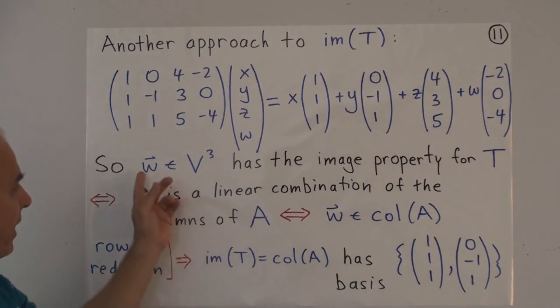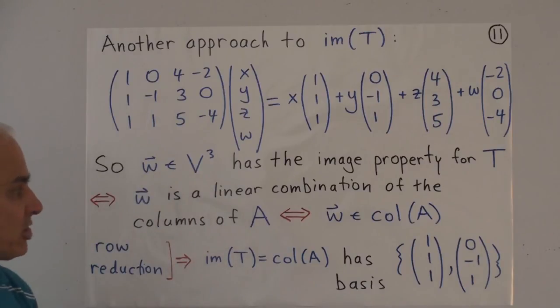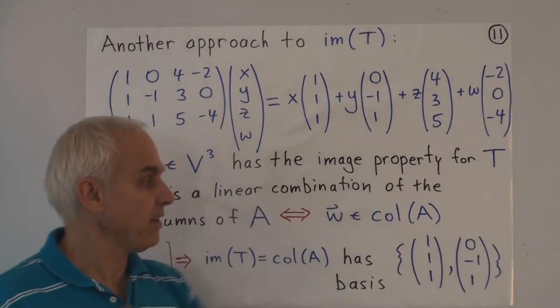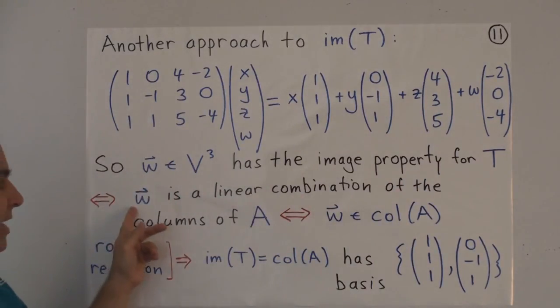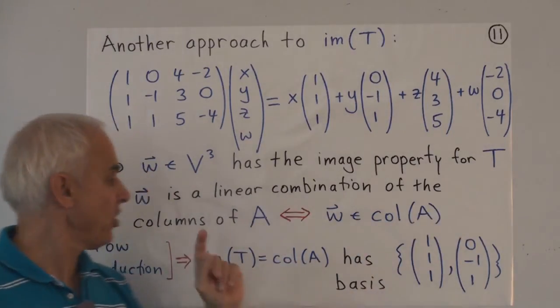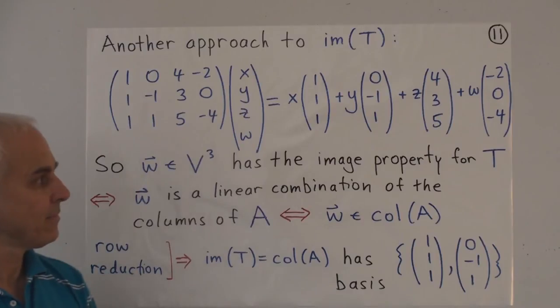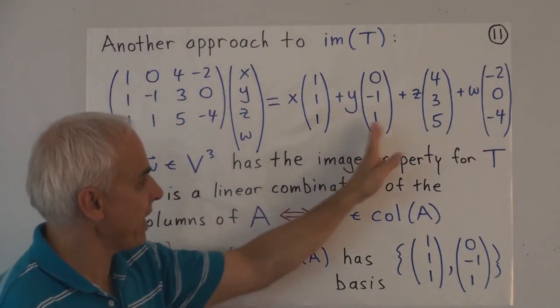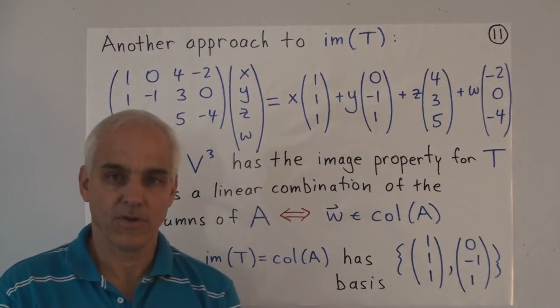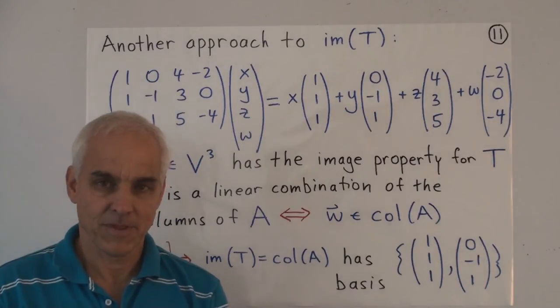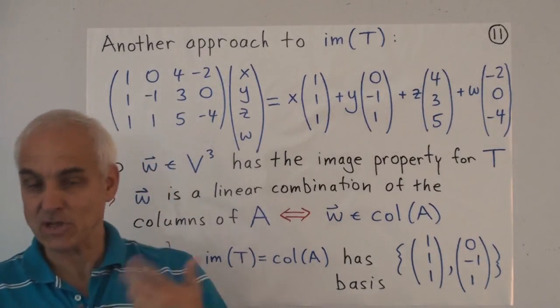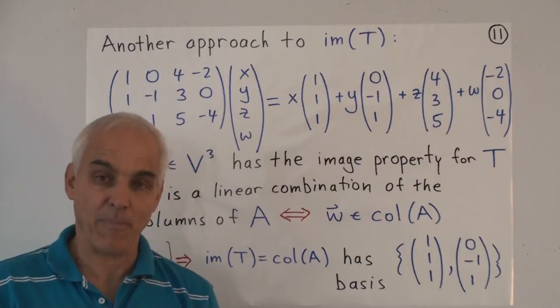So, a vector in 3-dimensional space has the image property for T precisely when it's a linear combination of the columns of A. That's what this is. This is just a linear combination of the columns of the matrix A. So if W is a linear combination of the columns of A, then it has the image property.